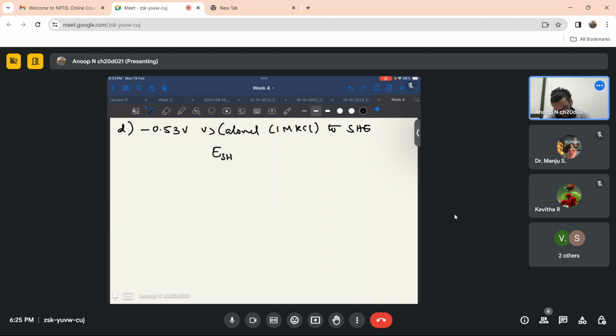E_SHE is equal to... What will be the value? E_SHE will be equal to minus 0.25 volt versus SHE.